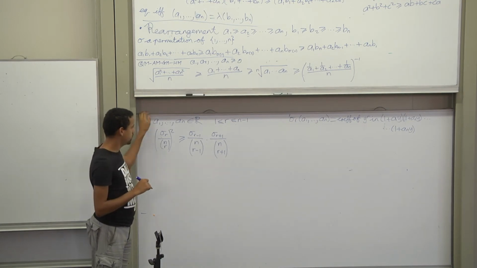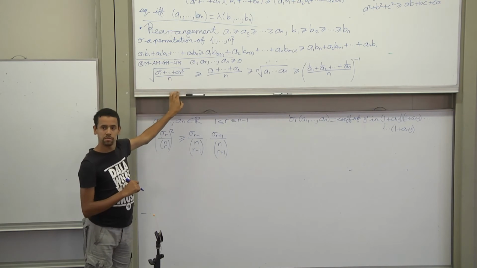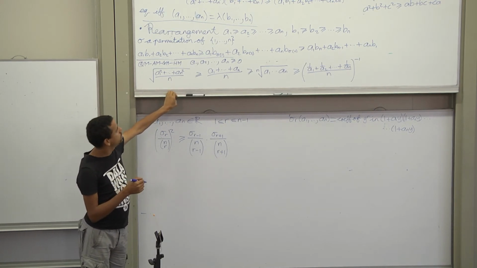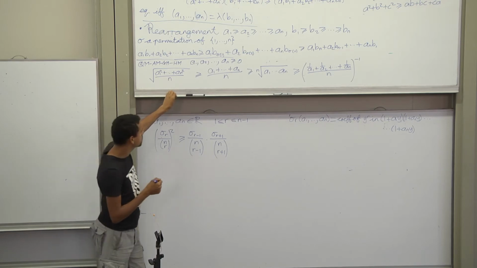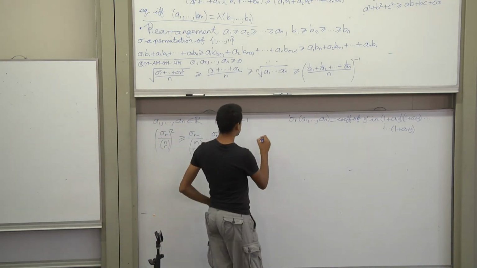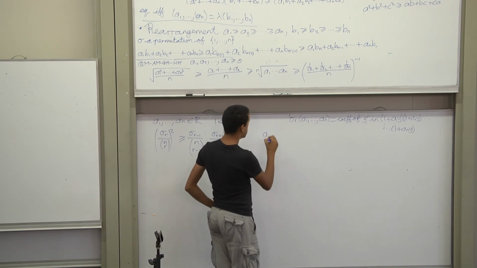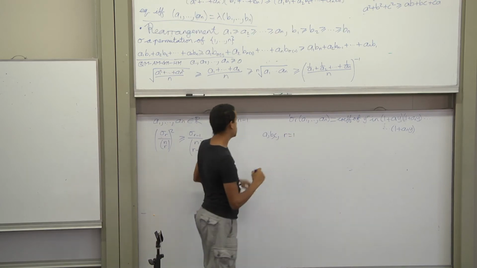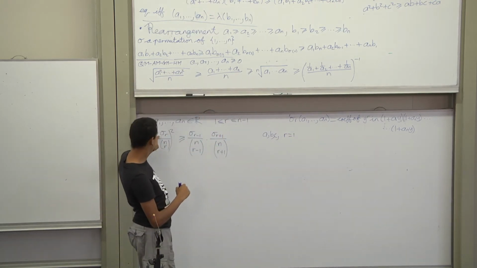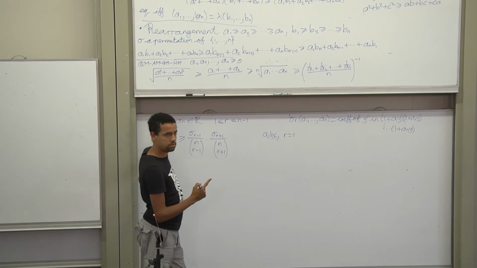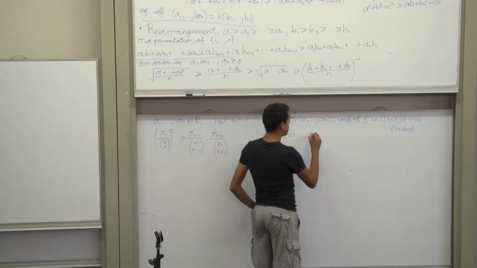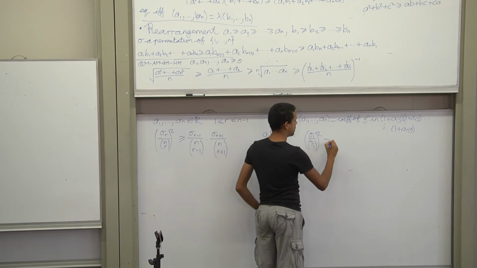So in particular, if I have three variables, a, b, and c, and r equals 1, what this says is, okay, first of all, n is 3, so sigma 1 over 3 choose 1, squared.